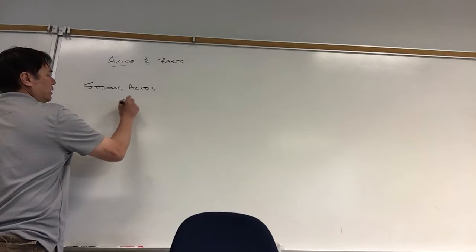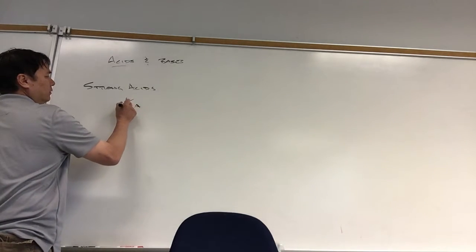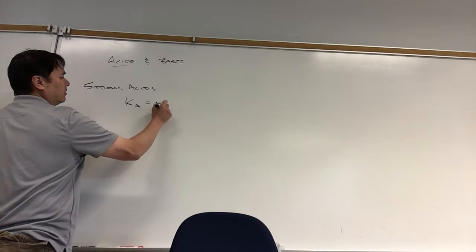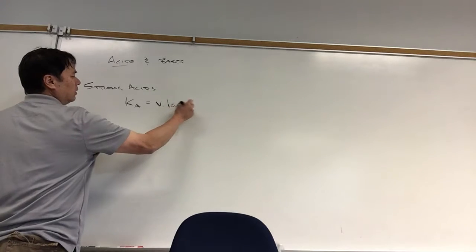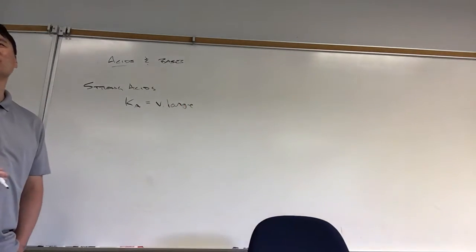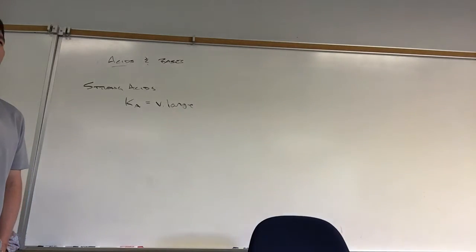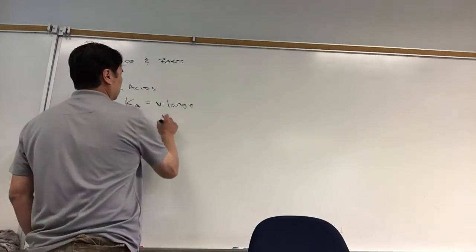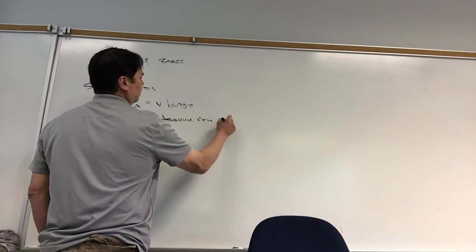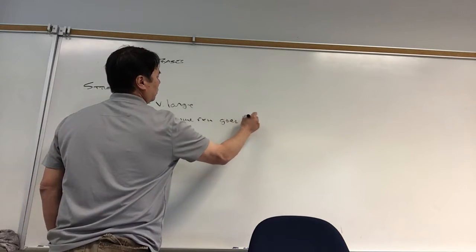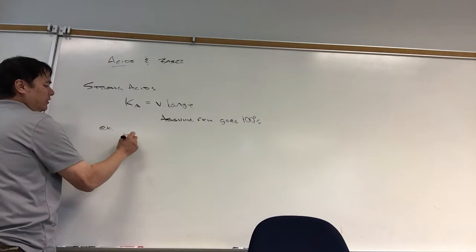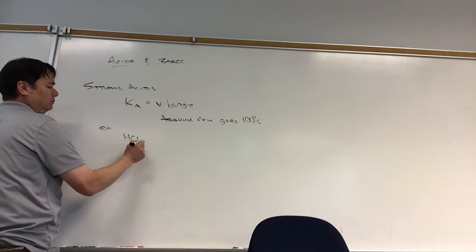what we're going to see is that the Ka, the acid hydrolysis constant, we call it, is going to be very large. When K is very large, then we just assume the reaction goes 100%. And so an example that we saw earlier, something like HCl.